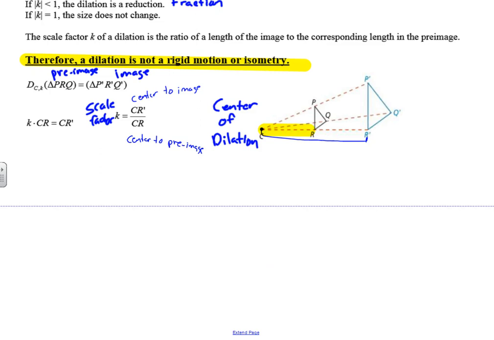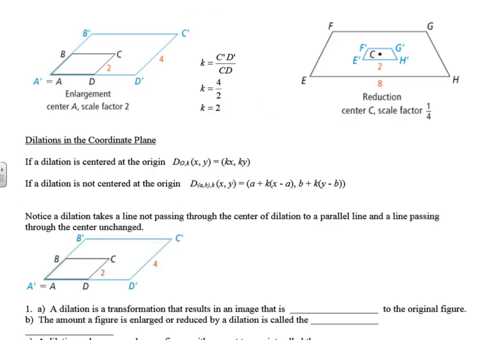Obviously from C to R prime is bigger than from C to R, so this dilation has a scale factor larger than 1, which is an enlargement, and the picture shows that it is getting larger. Okay, so here's an example of an enlargement.